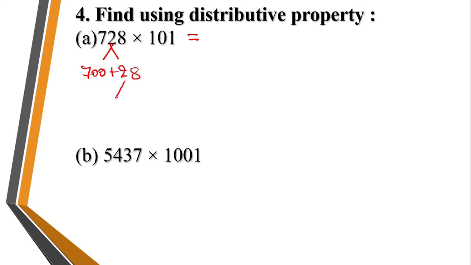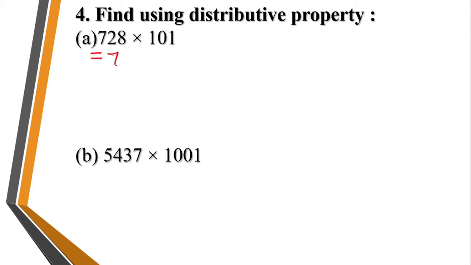Again, if we distribute 28, it will be 20 plus 8. So again, we are getting big numbers, and multiplying them is a bit difficult, right? But if we split 101, it's very easy: 100 plus 1. Multiplying it with 100 is easy, and multiplying it with 1 will give us the number itself. It's easy. Now let's distribute 101.